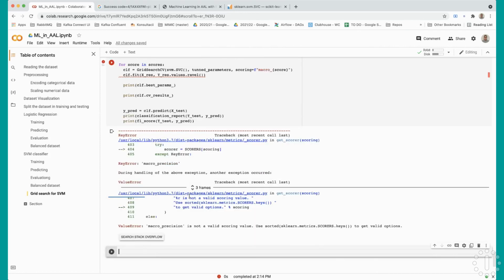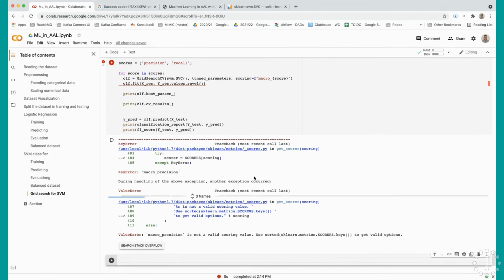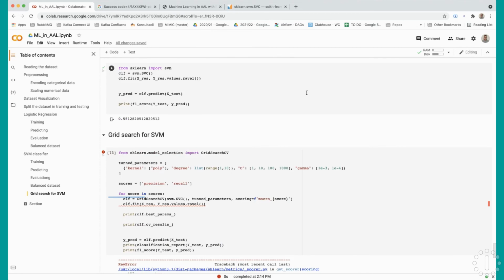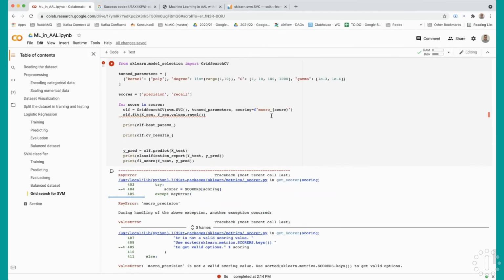Let's see what will happen now. Of course, we have some macro precision. Actually, sorry, it should be reversed over here. It should be first this, then macro, I think.